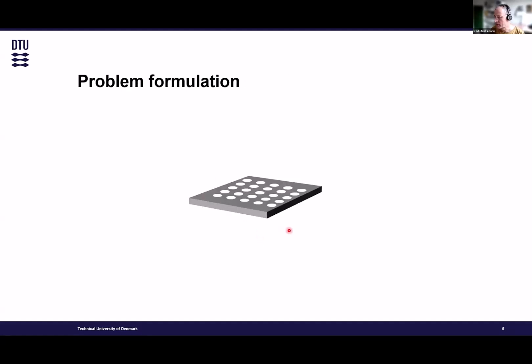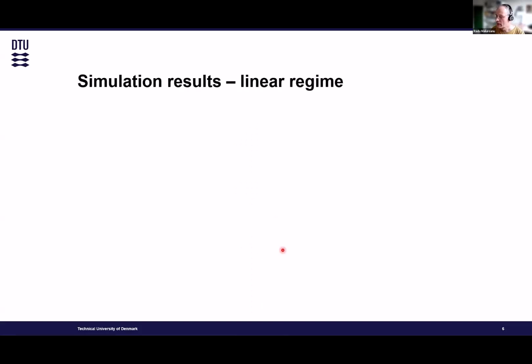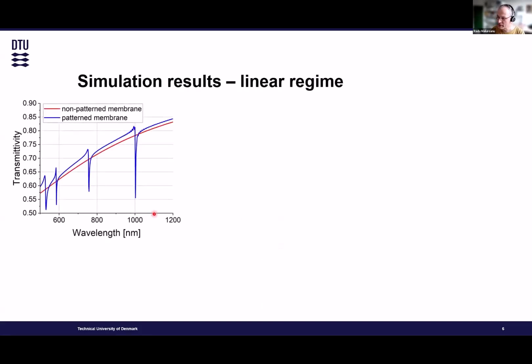So in terms of problem formulation, we have a surface that has a certain pattern, in our case in a rectangular lattice. We come with light, and as I said, we get out the third harmonic. In the linear regime, everything looks nice. Compared to the non-patterned membrane, when we have a patterned membrane, we have some very deep resonances.